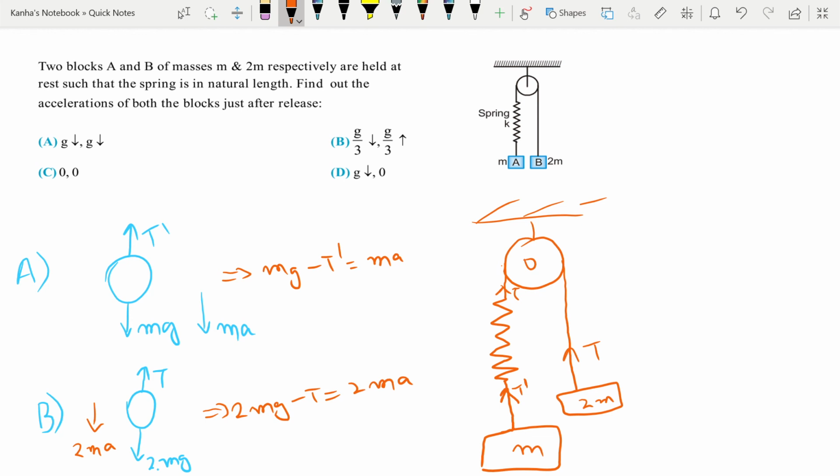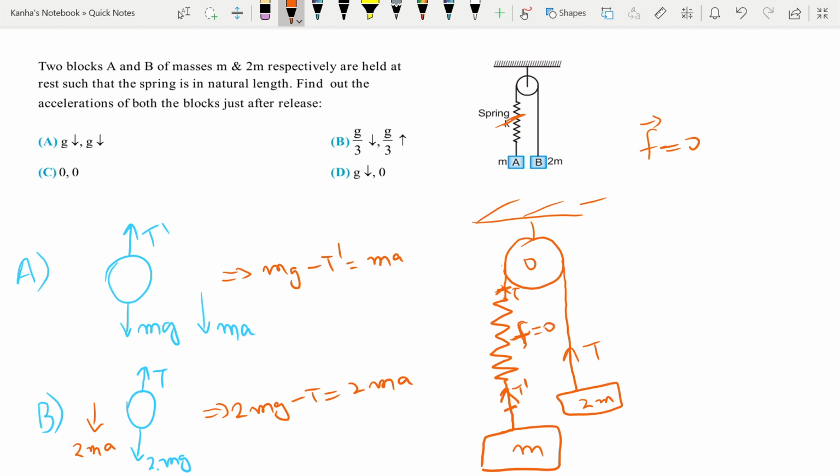Now what you should know is, as soon as you cut the spring, the spring force goes to zero. Look here, there was a spring force acting, and it was interacting with this tension T and this tension T prime.